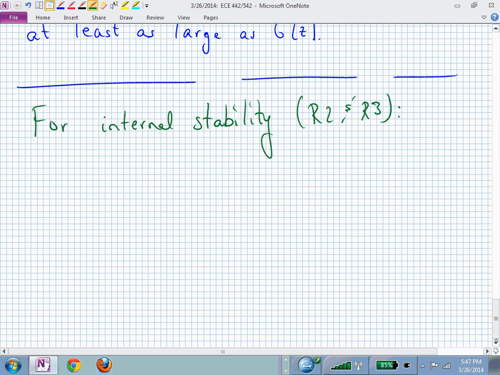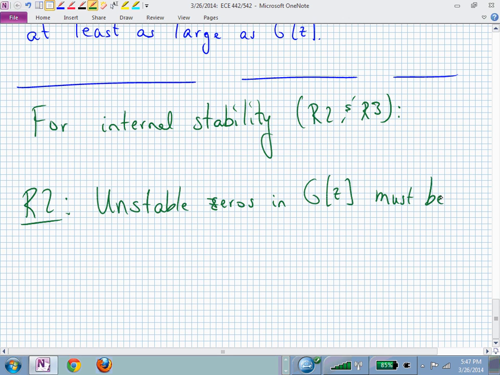Here's restriction 2. R2 says that unstable zeros in our original system, G of Z, we need to keep those factors in our T sub C of Z. Unstable zeros in our plant must be present as zeros in T sub C of Z. I forgot my spell checker's not working in this.